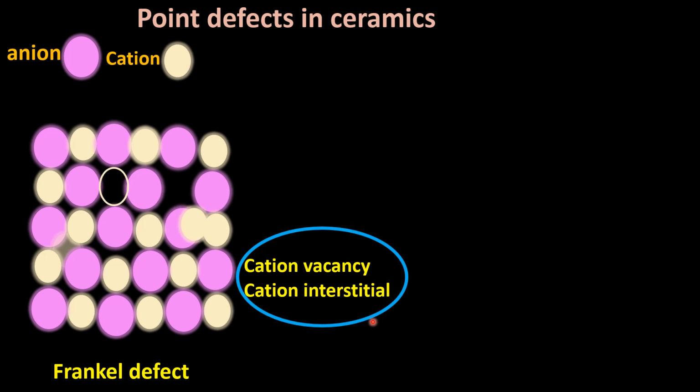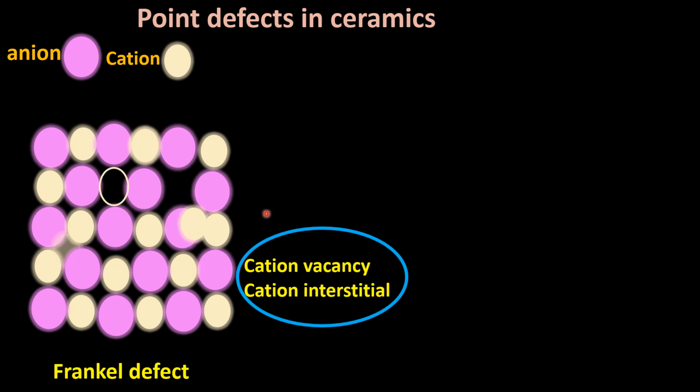That is, it is formed when a cation leaves its normal position and moves into an interstitial site. There is no change in the charge, because the cation which leaves its occupied site and moves into the interstitial site maintains the charge of the crystal.